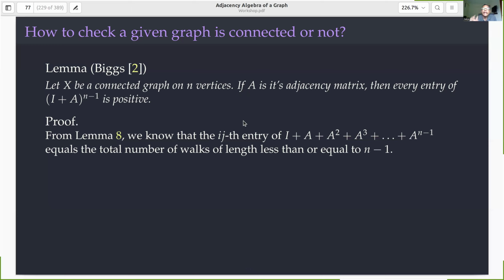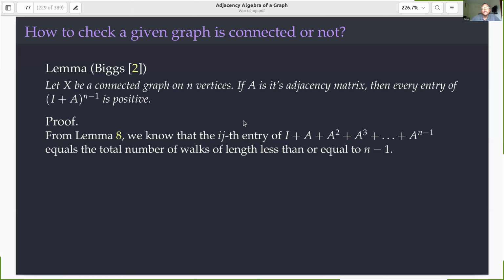He used only the diagonal part, I think. So if it is a connected graph, then I plus A plus A squared and so on up to A to the power n minus 1 is positive. Every entry in that is positive. Then automatically that is irreducible also, since every positive matrix is irreducible.